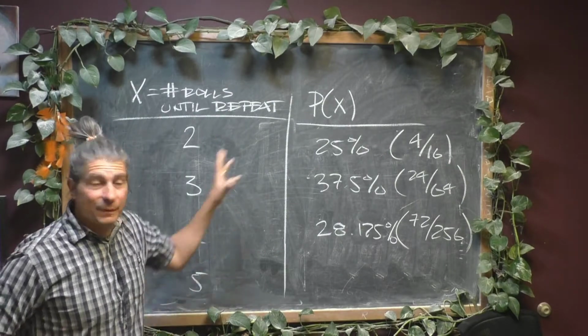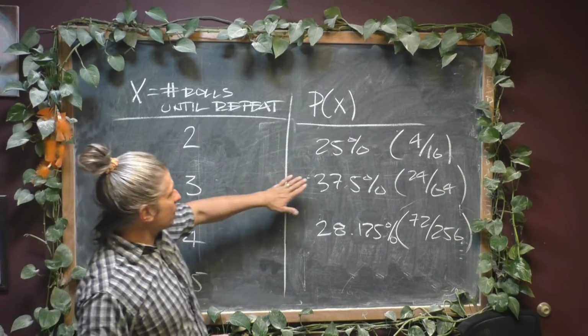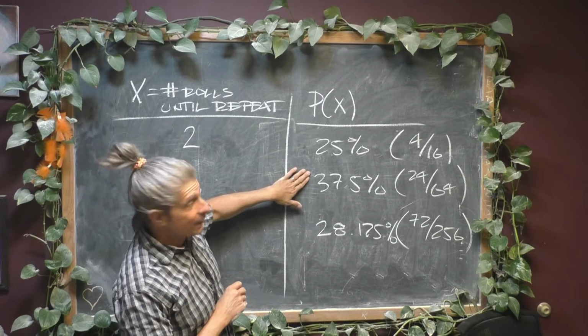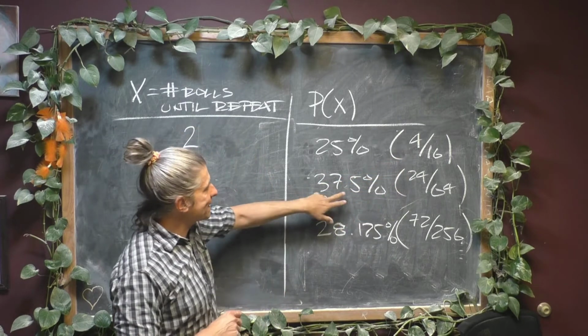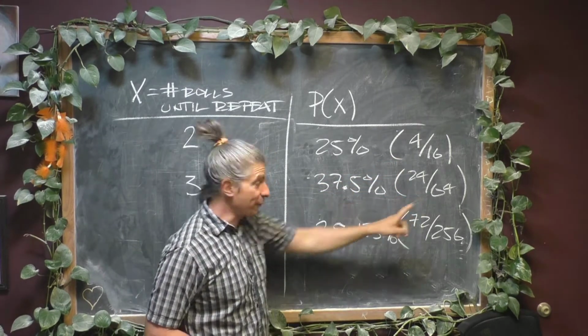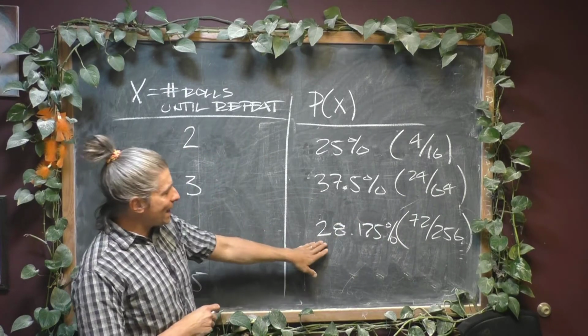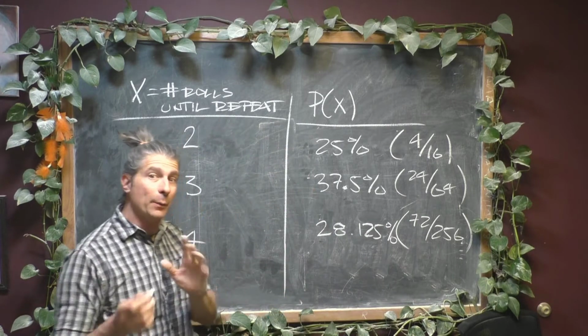Okay, I cleaned up the distribution a little bit for us to get rid of all the work that we did. I put just the percentages that these things are equal to in here. So there's a 25% chance it's going to take 2. That was 4 out of 16. 37.5% chance it's going to take 3. That was 24 out of 64, and that's our mode. And then a 28.125% chance. That's the 72 out of 256 that we just got.